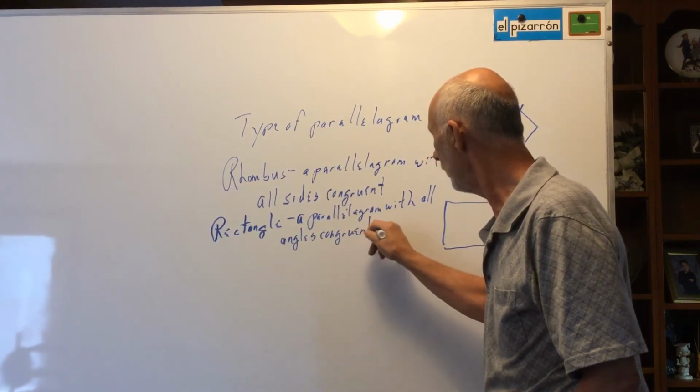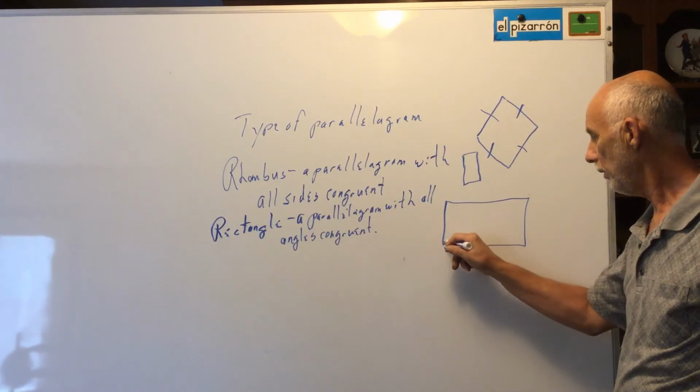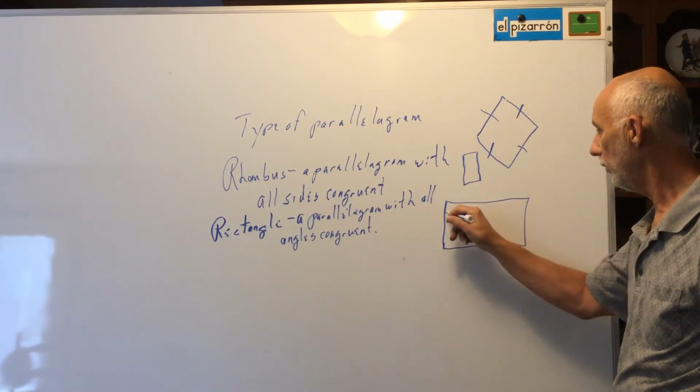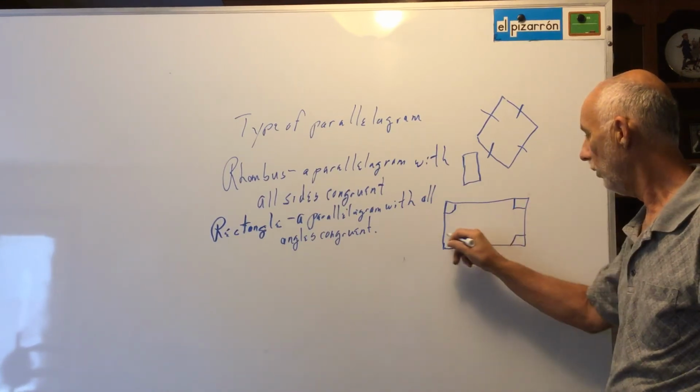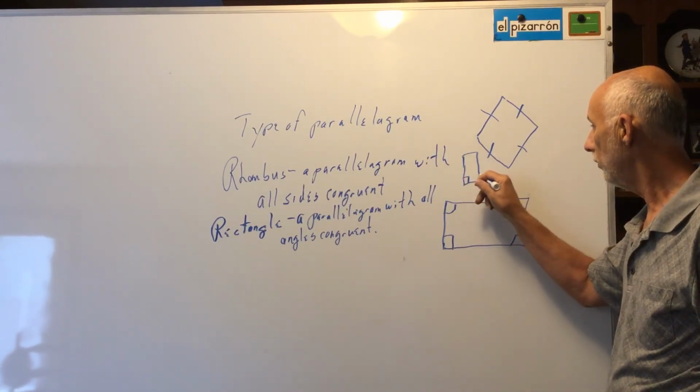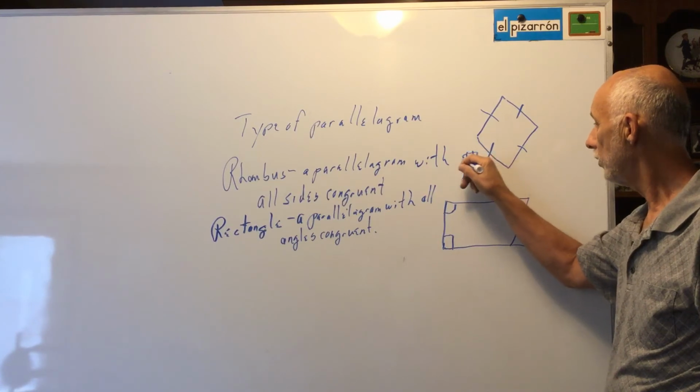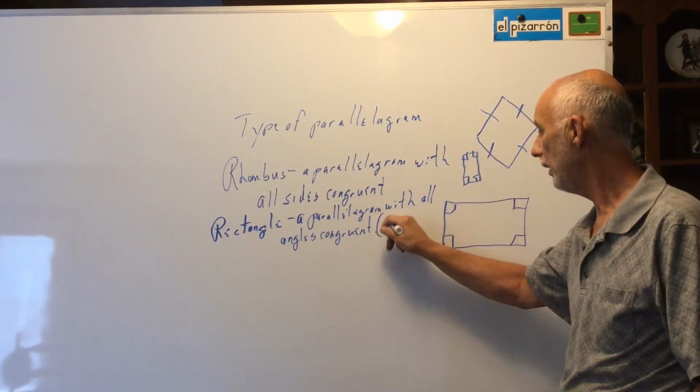And again, if you look at all the angles, what do you notice about the angles of any rectangle? They're all L-shaped. And what's an L-shaped angle? A 90-degree angle. So when it says all angles congruent, they all have to be 90 degrees.